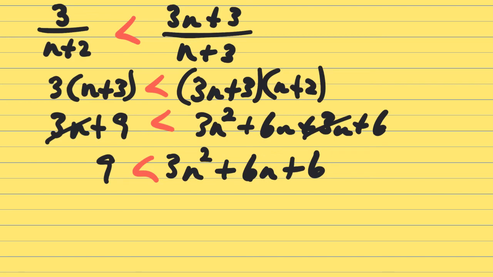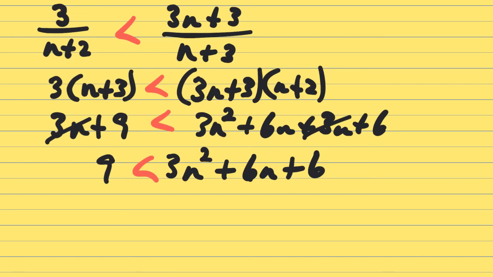That's greater than 9. If you let n be 2, then you get 3 times 4 plus 6 times 2. So that's 12, another 12 and 6, that's 30. But you can tell now that from n equals 1 all the way up to however far you want to count, the right side is always going to be greater than the left side. I'm going to go back to the previous slide.